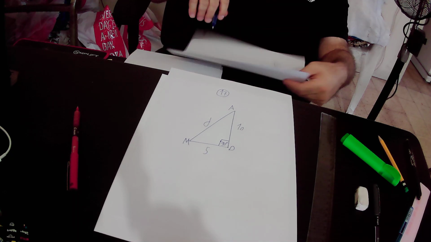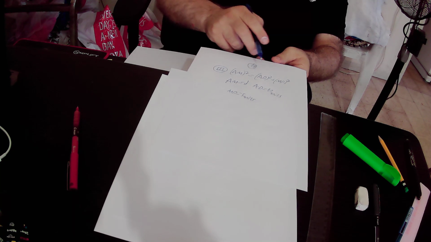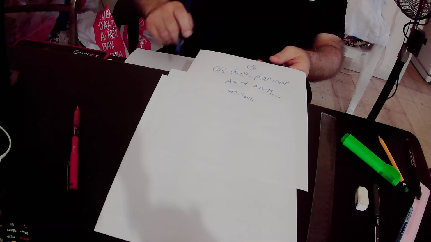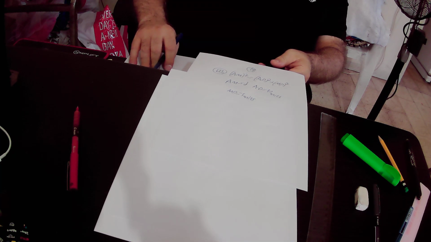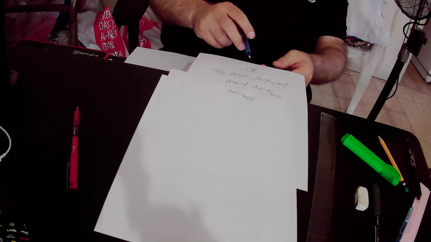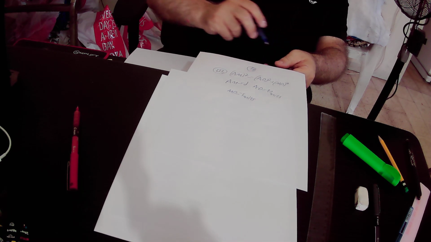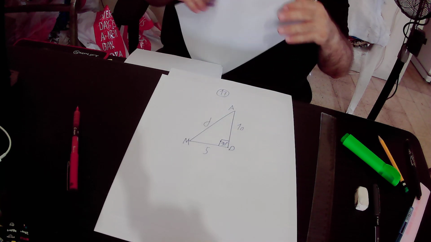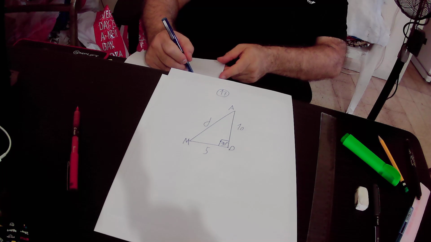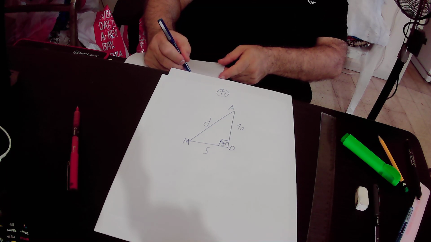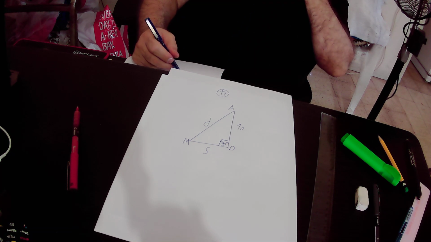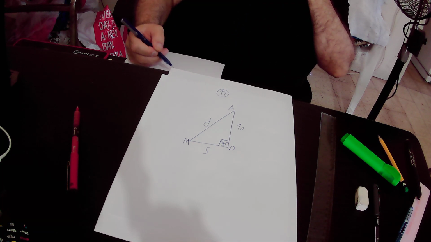Okay, AM equals to D, AD equals to 10 units, and MD equals to 5 units. So we can substitute AM by D, we can substitute AD by 10, and we can substitute MD by 5. So we'll do it now. We'll get in the third equation that D squared equals to 10 squared plus 5 squared.